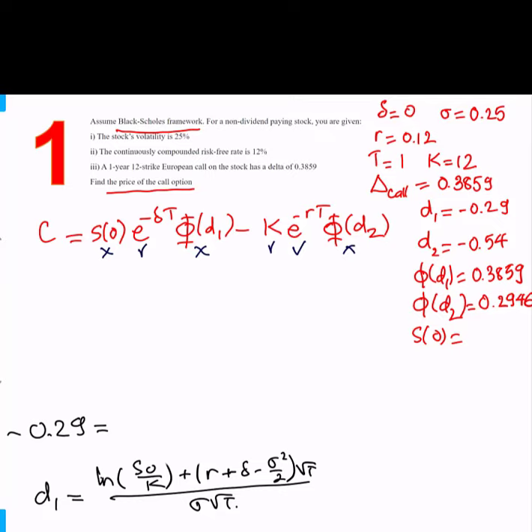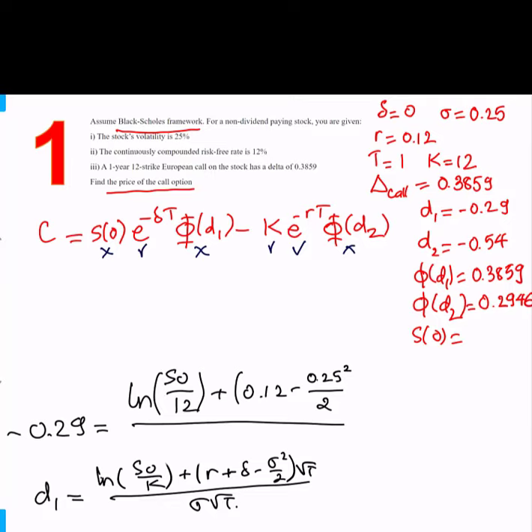D1 here is negative 0.29, equal to natural log of S0 over 12 plus 0.12. Delta here, the dividend rate, is equal to 0. And sigma here, the volatility, is 0.25, sigma squared over 2, square root of 1 over 0.25.